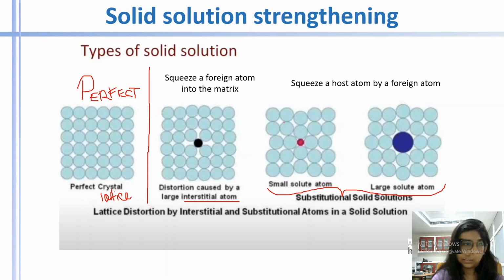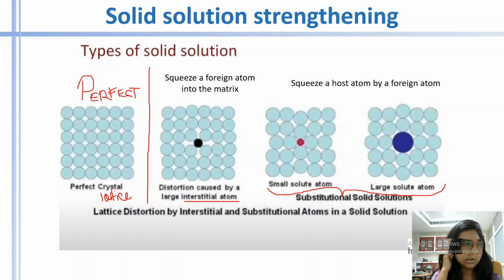It means that there is a substitution or replacement of a host atom by a foreign atom. The foreign atom replacing the host atom can either be smaller in size than the host atom, or larger in size than the host atom.